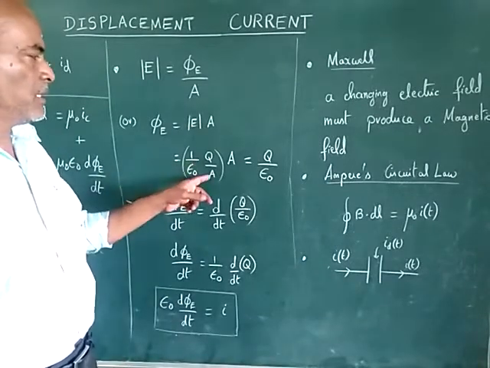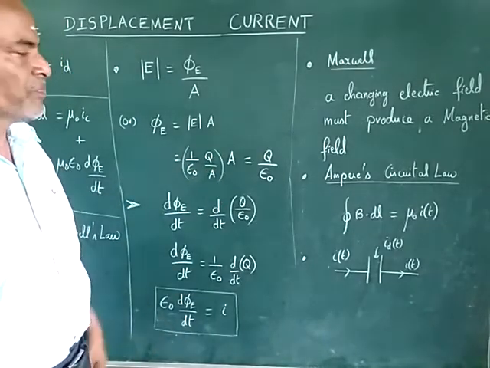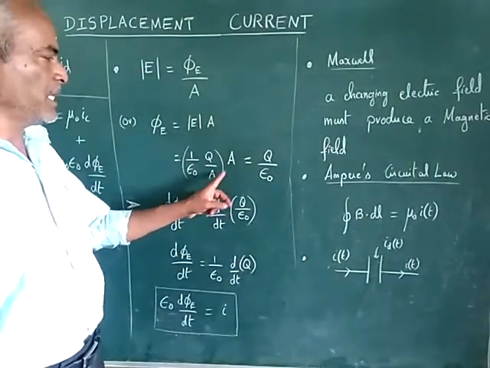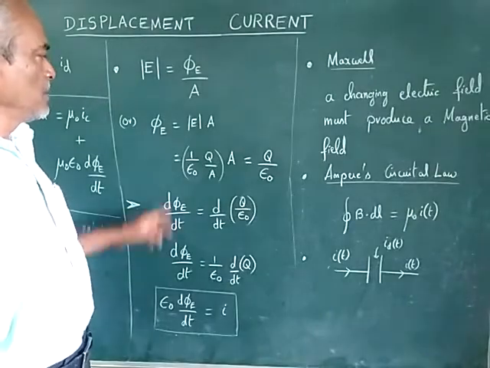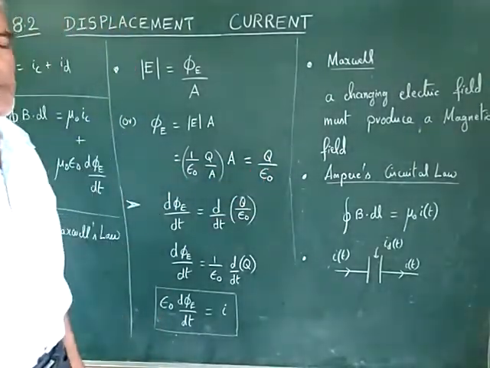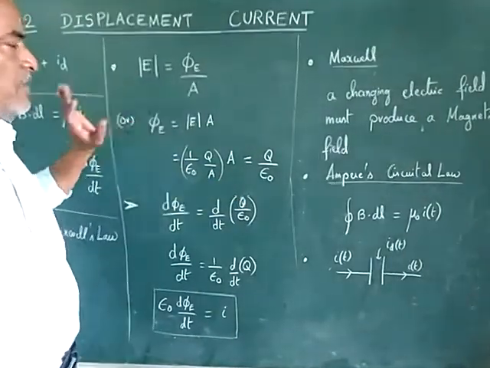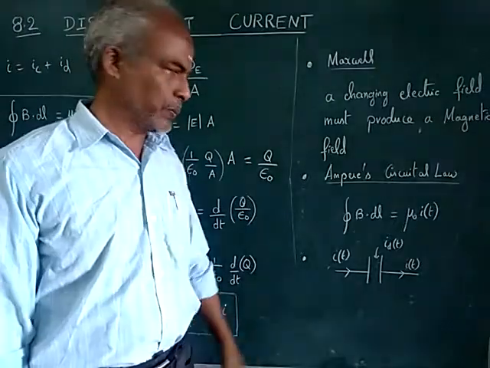So electric field is equal to charge Q divided by epsilon naught times area, and multiplied by area, the area gets cancelled. Therefore electric flux is equal to Q by epsilon naught. Epsilon naught is constant, so electric flux depends on the charge Q.